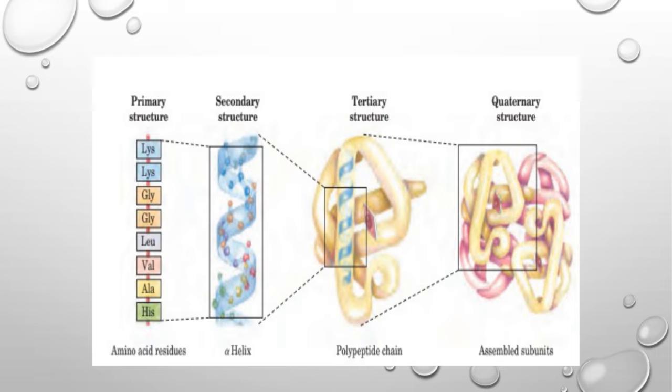The overall three-dimensional shape of the protein, known as the quaternary structure, often involves multiple amino acid chains coming together. Understanding this hierarchical structure is crucial because it directly impacts how proteins perform their roles in the body. Whether it's enzymes catalyzing reactions or structural components in cells, their function is deeply tied to their structure. So, when we think about proteins, remember that their structure is both intricate and essential to their function.